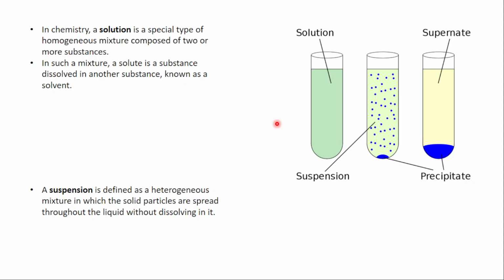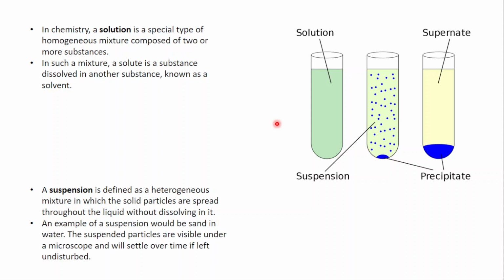A solution is a homogeneous mixture and a suspension is a heterogeneous mixture where particles do not dissolve in the solvent. And an example of a suspension would be sand in water, which was the question. Sand in water is a suspension.